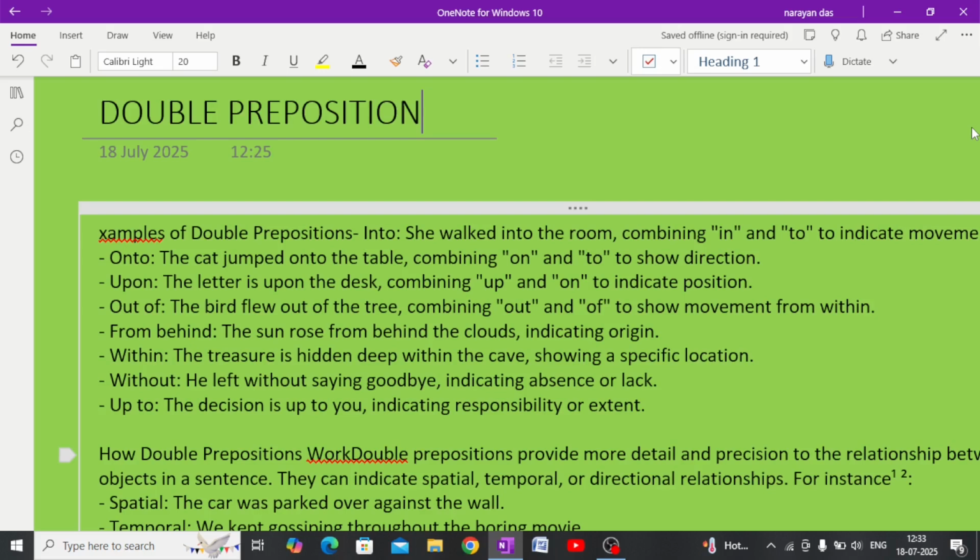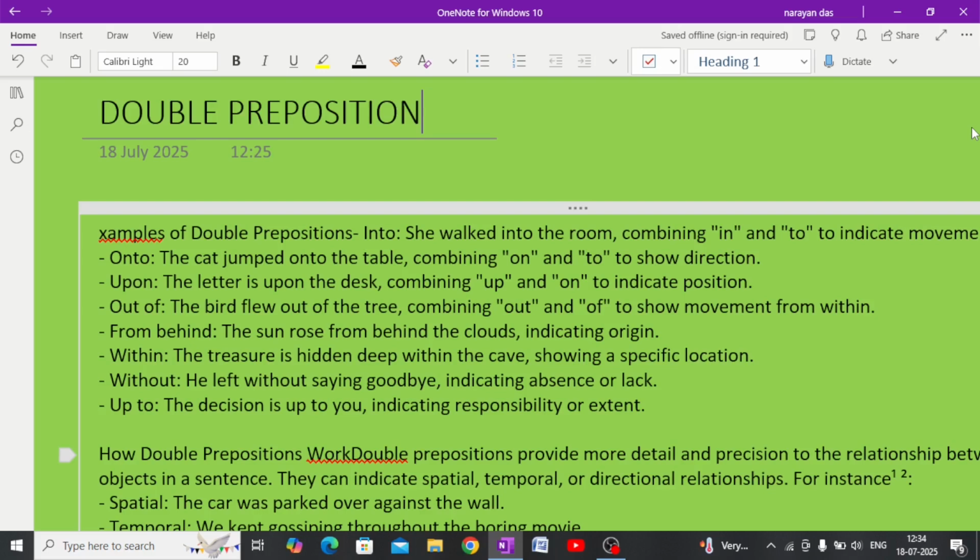Out means outside and of means relation to something. The bird flew out of the tree. The parrot flew out of the cage. So combining out and of to show the movement from within, that is, from some captivity.